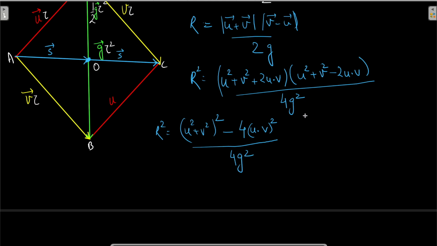Okay. So now we can clearly see, for range to be maximum, this has to be maximum. So for this thing to be maximum, this thing should be 0. U dot v should be 0. What does this mean? This means that the angle between u vector and v vector, here we have vector only.